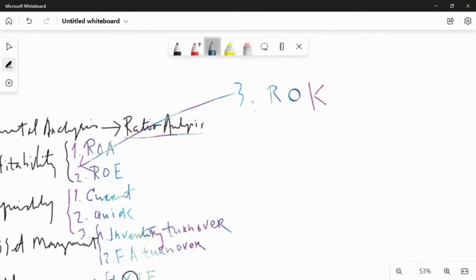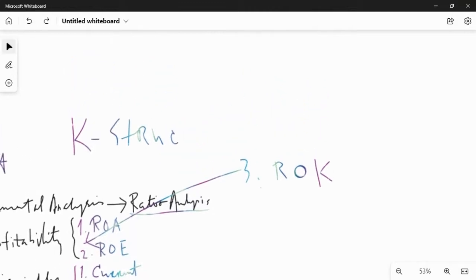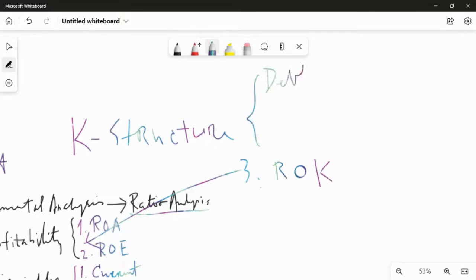Capital structure is basically debt versus equity.